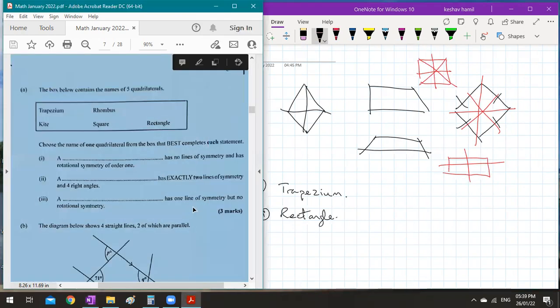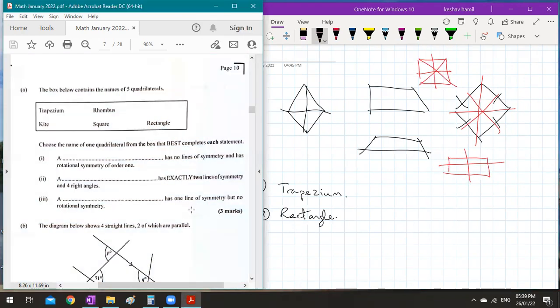If something has 1 line of symmetry but no rotational symmetry, that would have to be a kite.